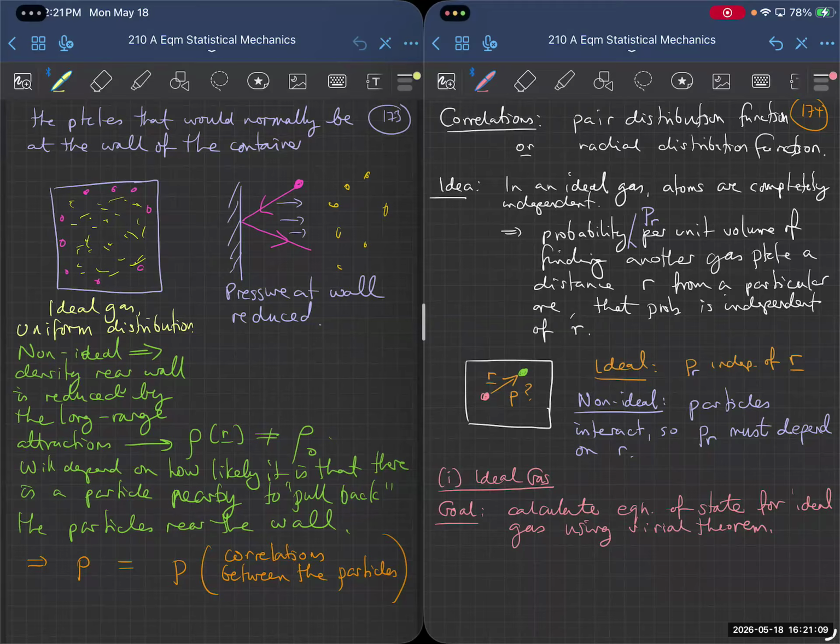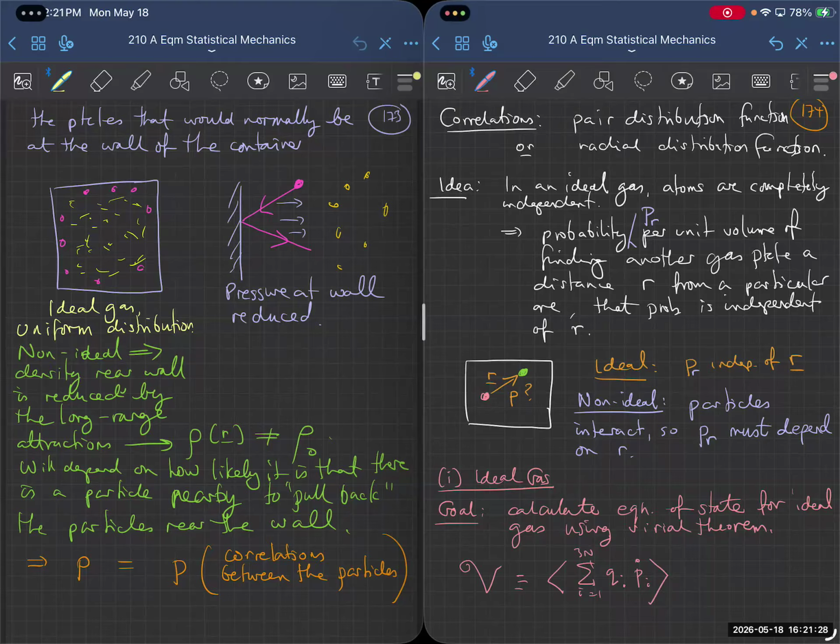So we're going to define the virial, as I said before, as the expectation of the sum from i equals 1 to 3N of q_i p_i dot. That's how it's defined.